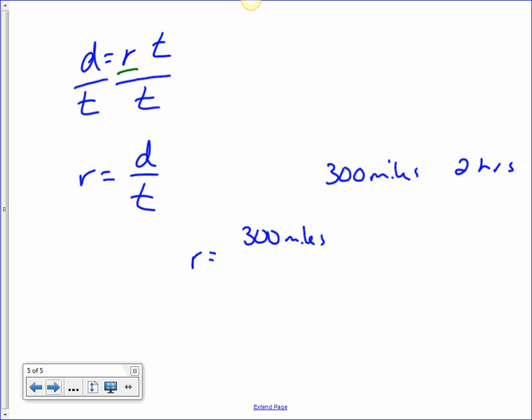The rate would be equal to 300 miles divided by 2 hours. That leaves us with 150. And the interesting thing is, the label comes directly from what we did. It says miles divided by hours, which translates into miles per hour. So that would be another example.